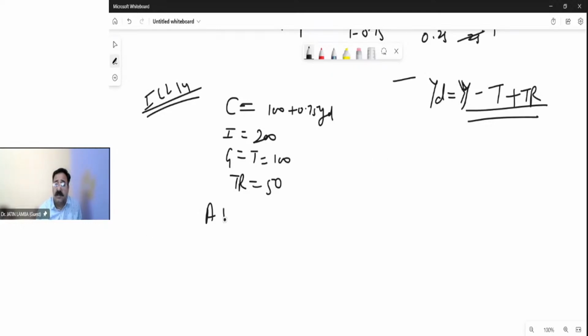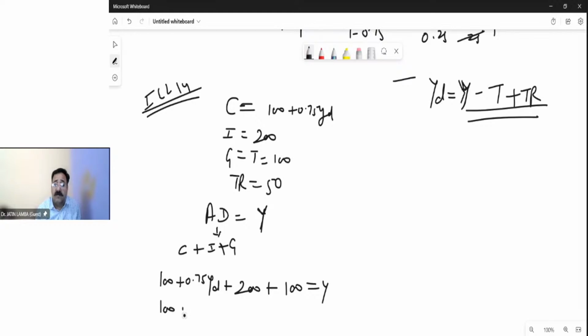Now, listen, the simple formula AD is equal to Y. Every question will start from this formula to calculate the national equilibrium level of income. Just put the value of AD in the three sector model, C plus I plus G, right? Now put the consumption equation: 100 plus 0.75 YD, plus investment 200, plus government spending 100, is equal to Y. Now put the value of YD.